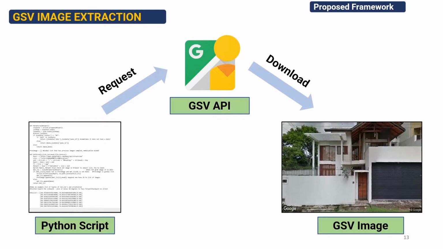Right. So how to extract Google Street images via a developed script. I have already developed a Python script that will help us to download Google Street View images from a particular coordinate. So what we need to do is provide the longitude and latitude where we want the Google Street image, then run the Python script based on those coordinates.